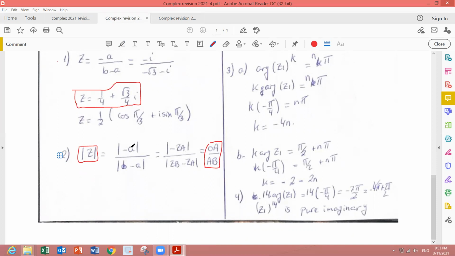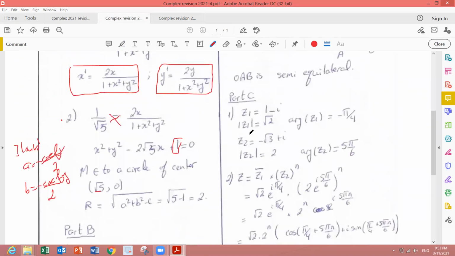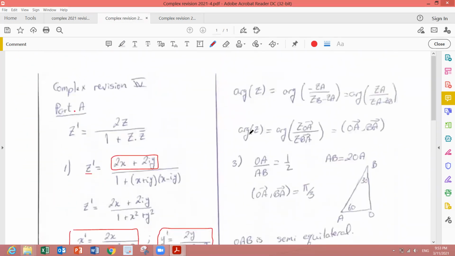And argument of z, argument is an angle. Argument of z equals argument of minus za over zb minus za. I multiply numerator and denominator by minus, it becomes za over za minus zb.